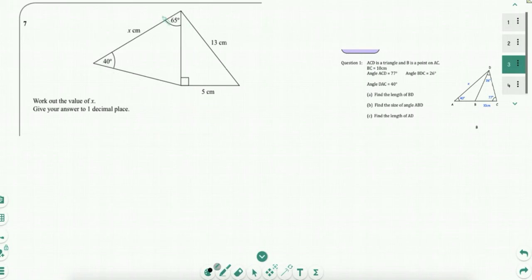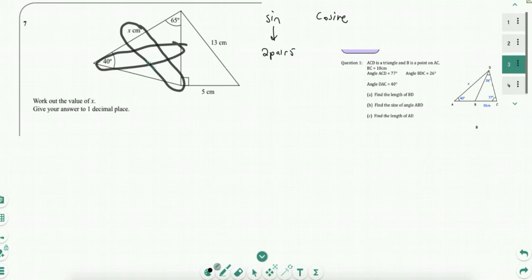It's a non-right angle triangle, so I can either use the sine rule or the cosine rule. I use the sine rule if I have two pairs. Well, I'm looking for this pair here, but I actually don't even know its angle. And I don't know any other full pairs. I don't know this full pair, nor do I know this full pair.